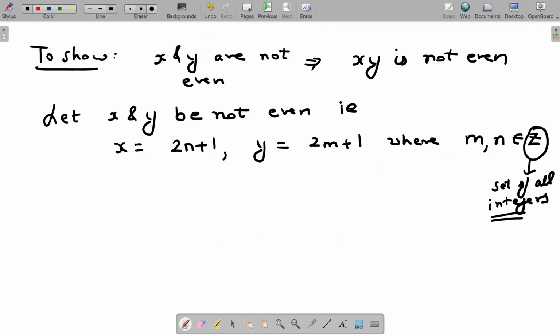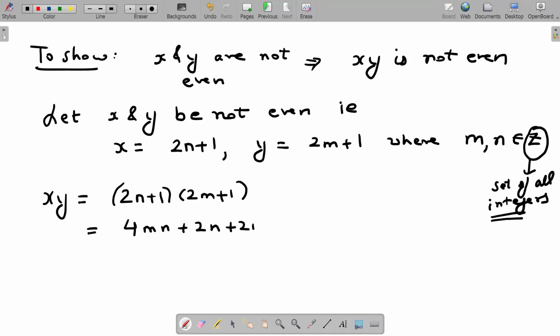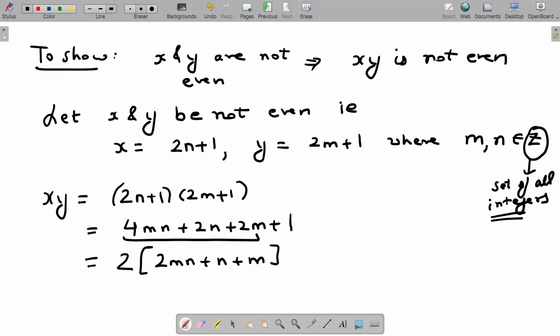Okay. Now, if I take their product, X into Y will be 2n plus 1 times 2m plus 1. If I open up the brackets, I can write this as 4mn plus 2n plus 2m plus 1. And students, within this, I can take 2 common. So 2 times (2mn plus n plus m) plus 1.